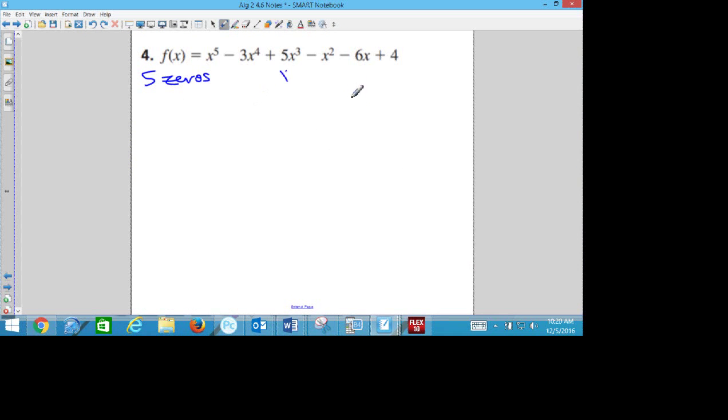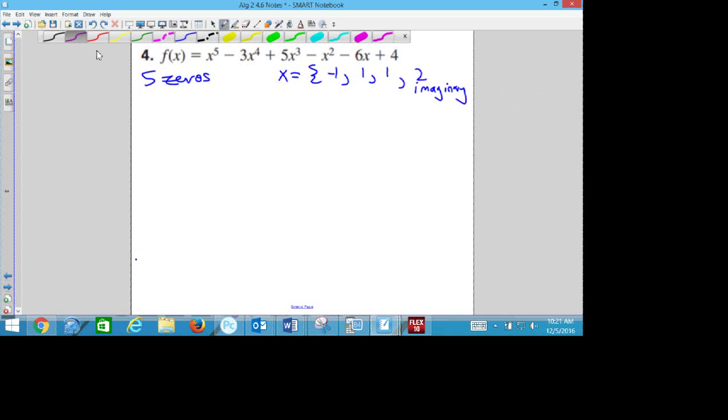We think -1, 1, and 1 are 3 of them. So what would the other 2 be, if you can't see them? Then the other 2 would have to be imaginary.